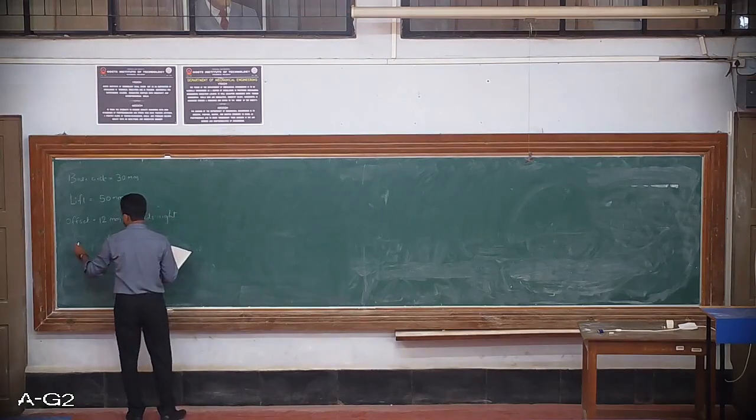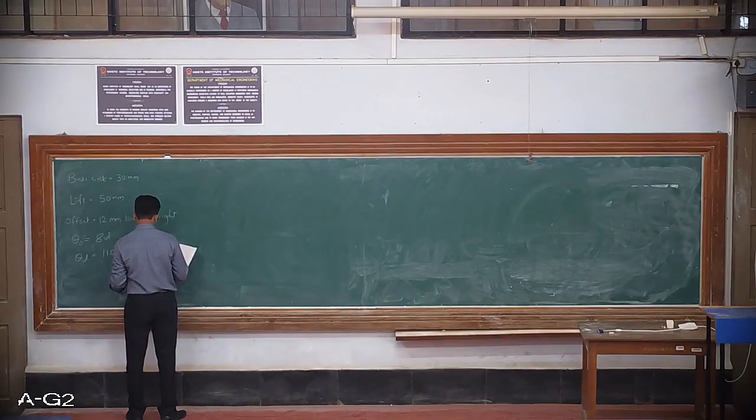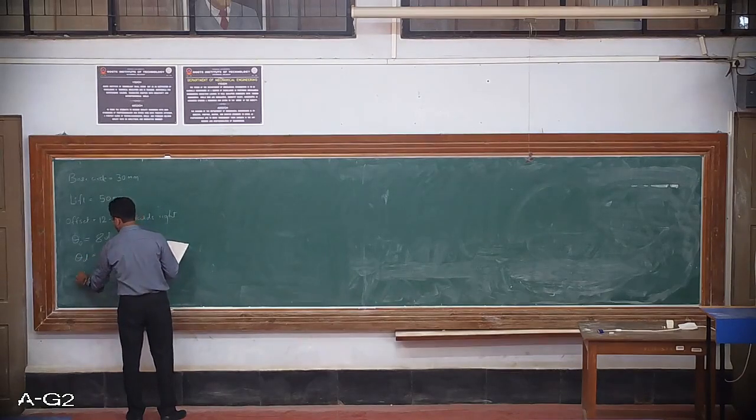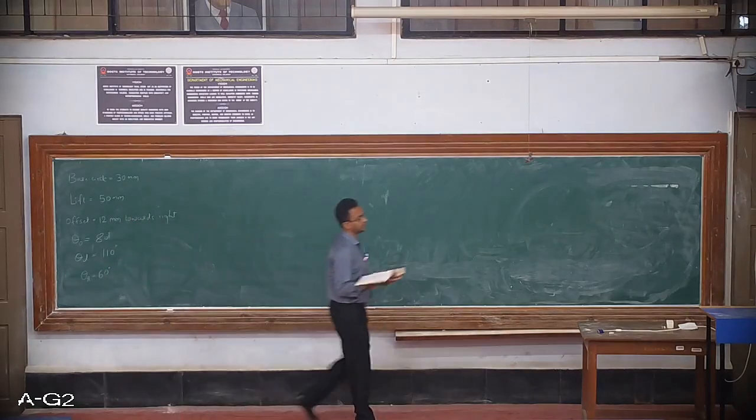Angle of ascent or angle of rise, that is theta naught, is given as 80 degrees, followed by angle of dwell, that is theta d, is given as 110 degrees, and angle of return or descent theta r is given as 60 degrees. Okay.